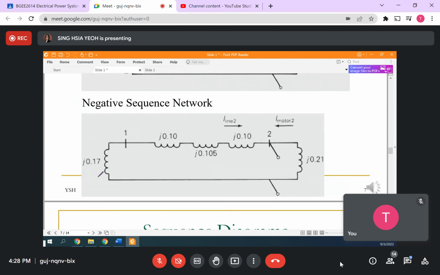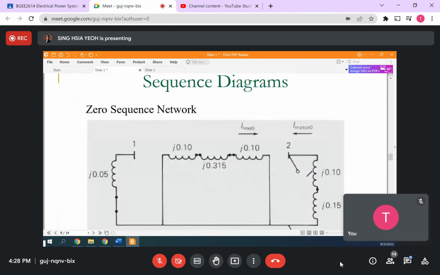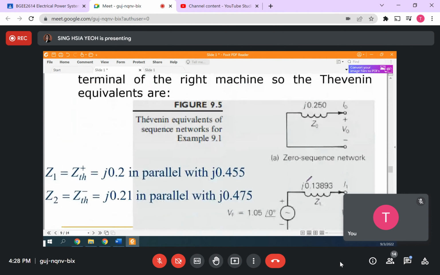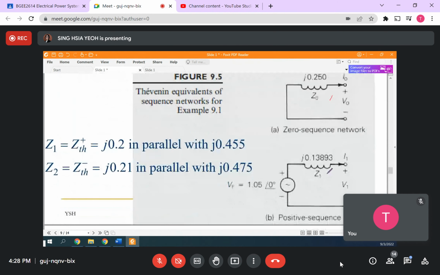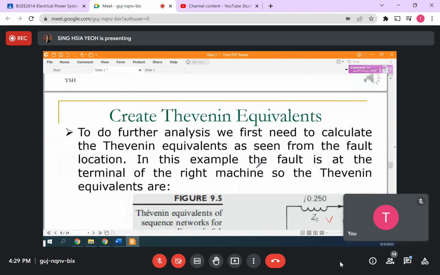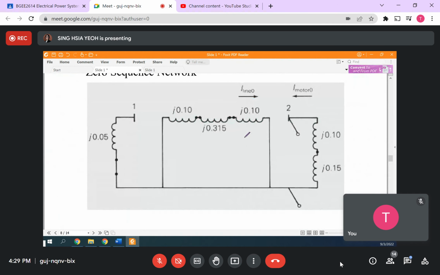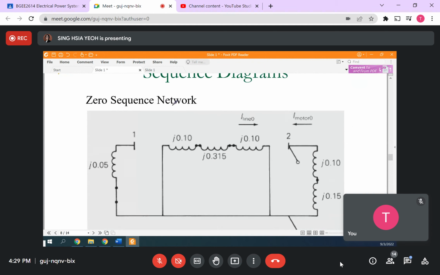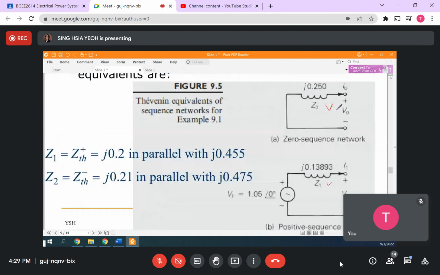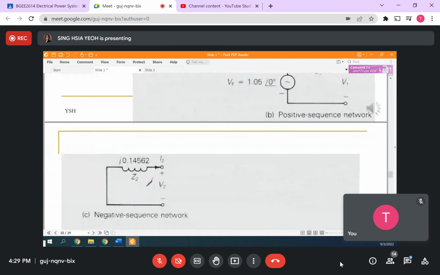Same here, series then parallel to this one. Here the open circuit is only this side. Then you are going to get the zero sequence value we call Z0, the Z1 value, and the Z2 value. Can you understand this? From the zero sequence diagram, you will get Z0, then Z1, then Z2.